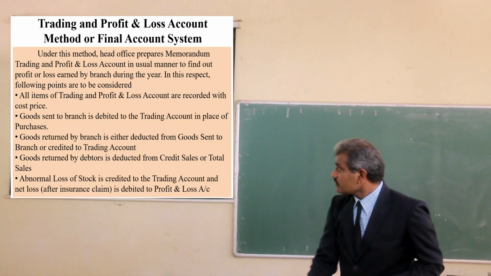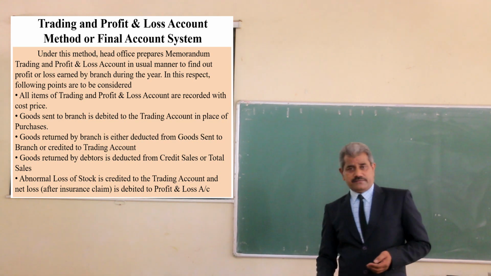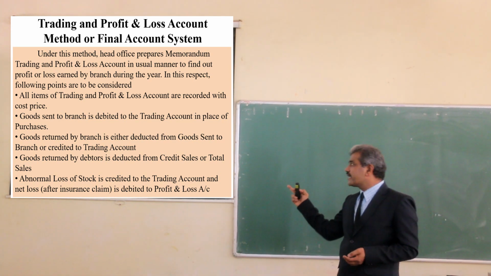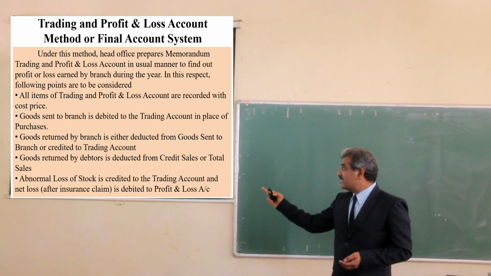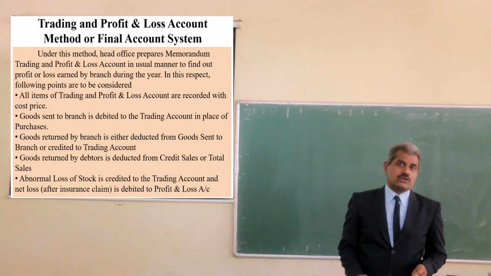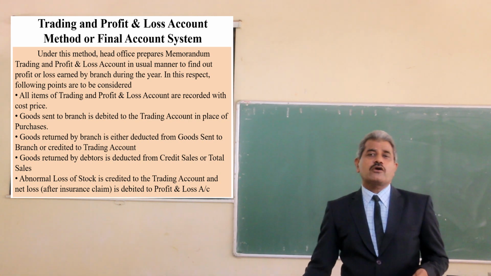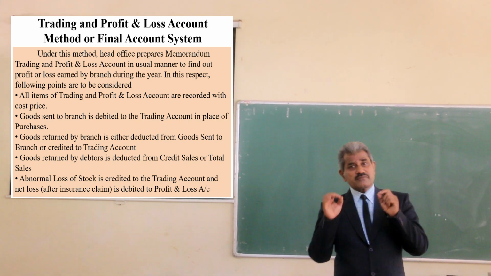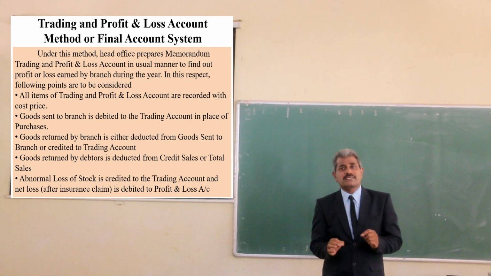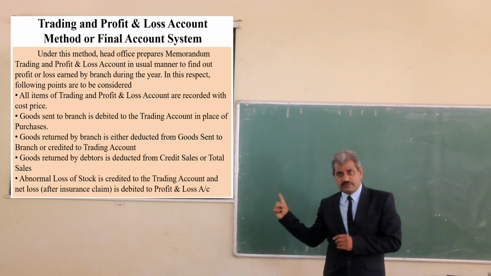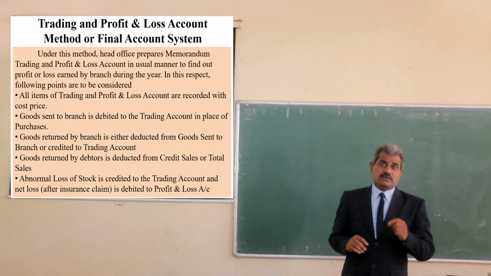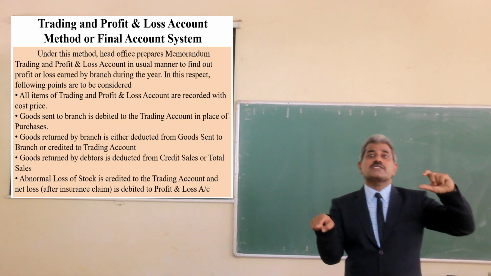Then abnormal loss of stock. Abnormal loss of stock is credited to the trading account, and net loss, that is after insurance claim, is debited to the profit and loss account. You have seen and recorded all such items. If there is abnormal loss, say for example loss by fire, the total loss of goods is credited to the trading account, and net loss means total loss minus insurance claim.